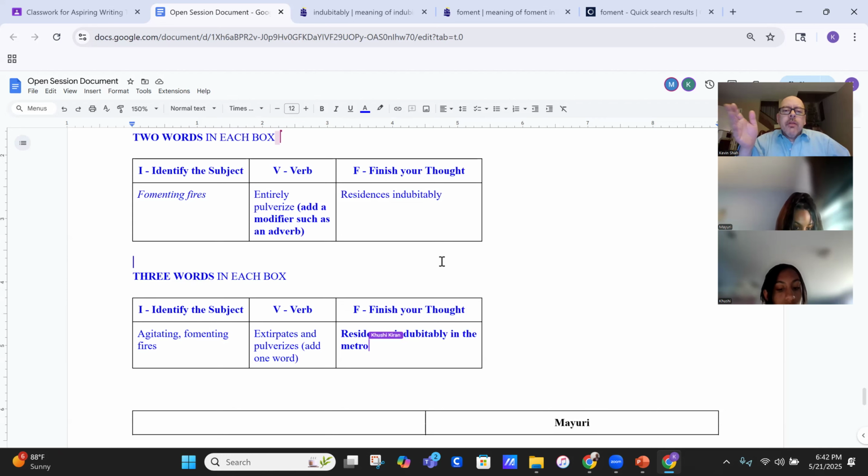You can only use three words. You can put metropolitan residences indubitably, country residences indubitably, right? Yeah, right.